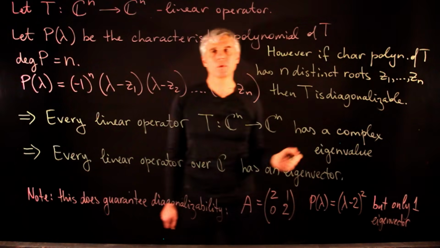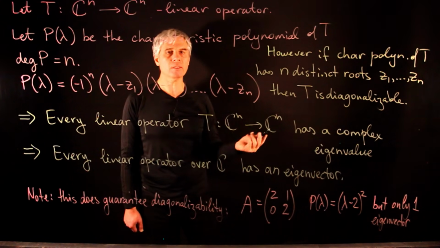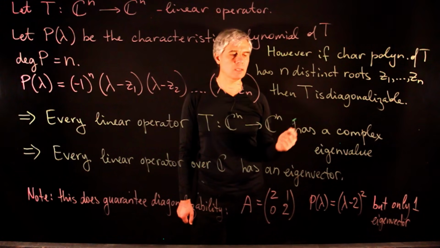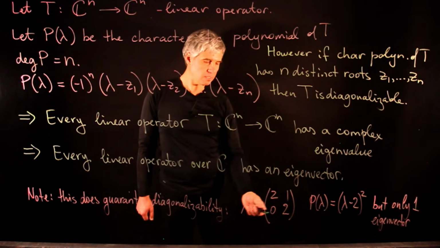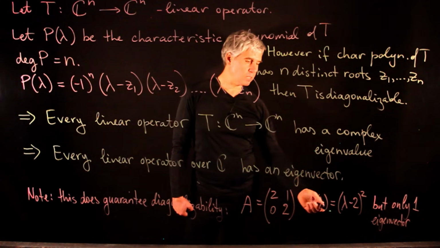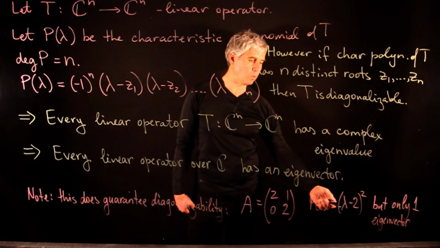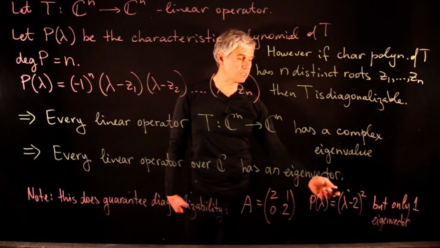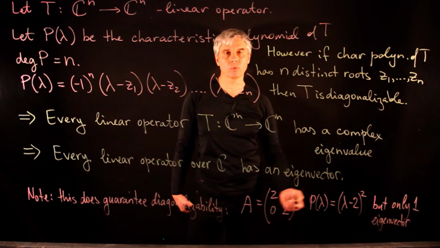Because in this case, we will have one eigenvector for each root. And this will give us a basis of C^n consisting of eigenvectors. In this example, the characteristic polynomial does factor into linear factors, but we don't have two distinct roots. So we have one iterated root.